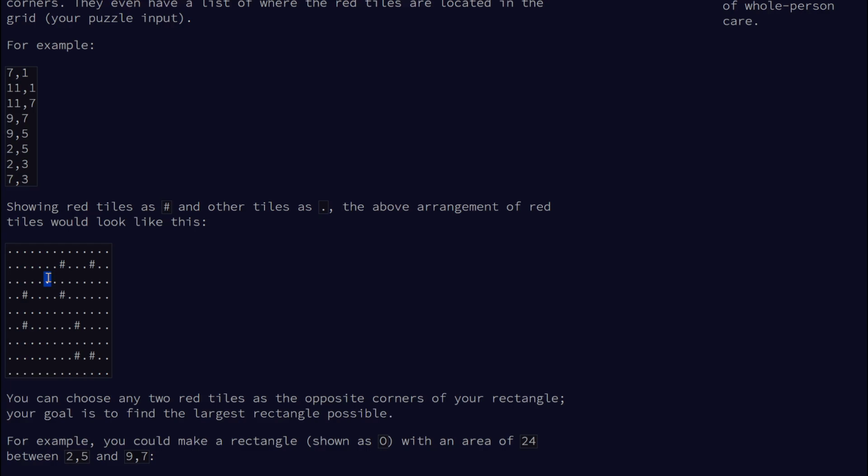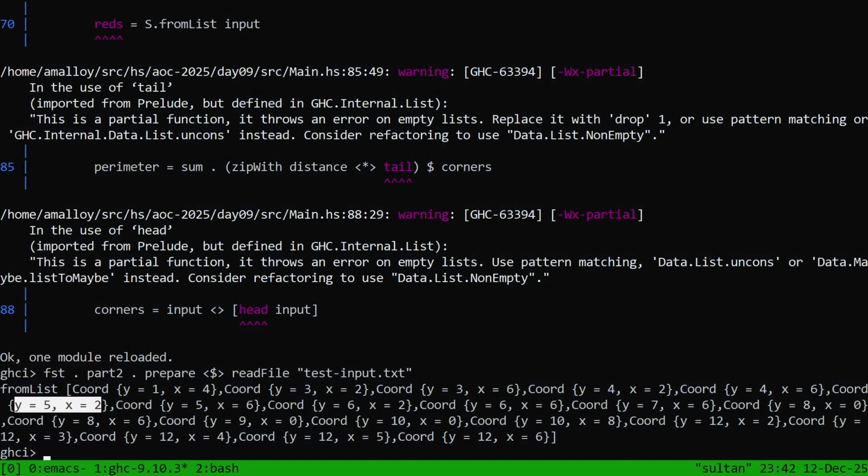So this is like y2, x5 in their diagram, which is y5, x2 for me. Which I do have. So I think this is looking good. We have y5, x2. Y5, x... I don't know.